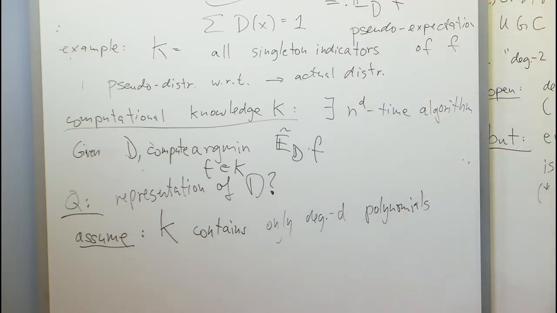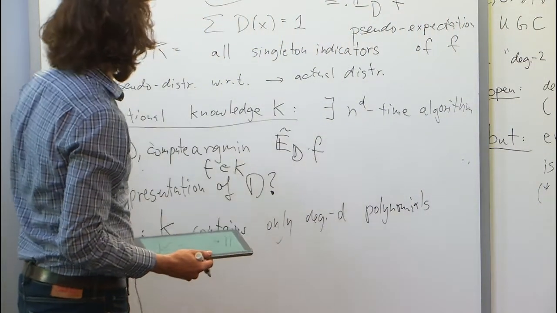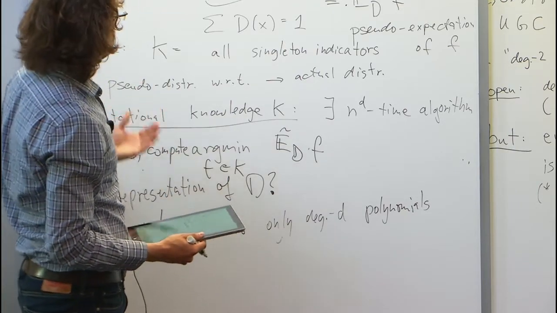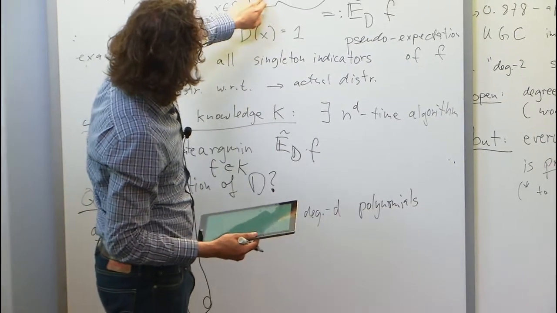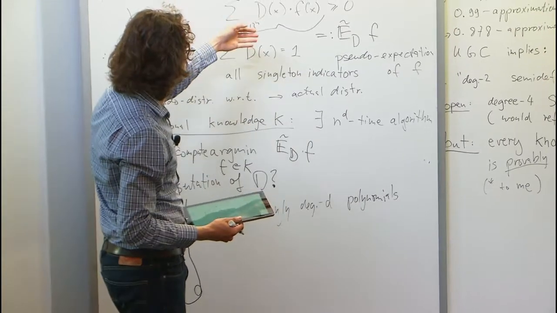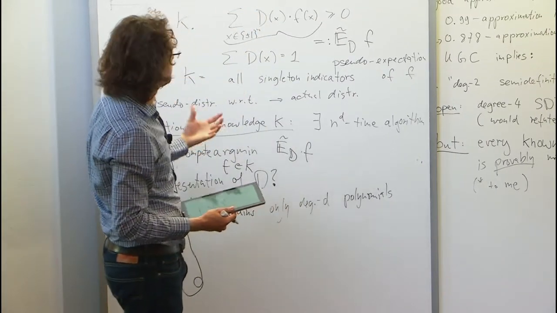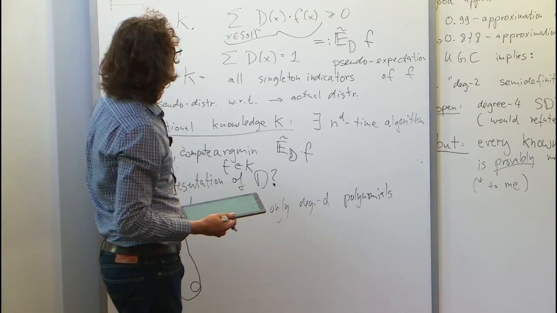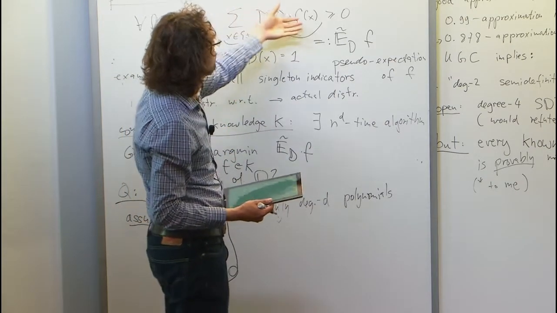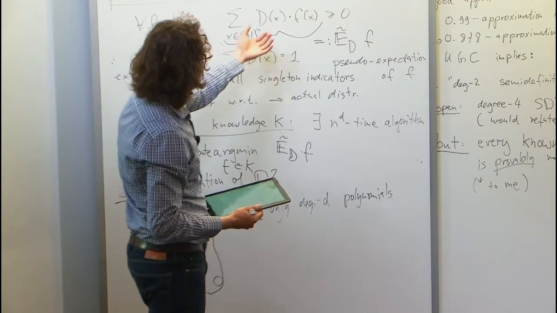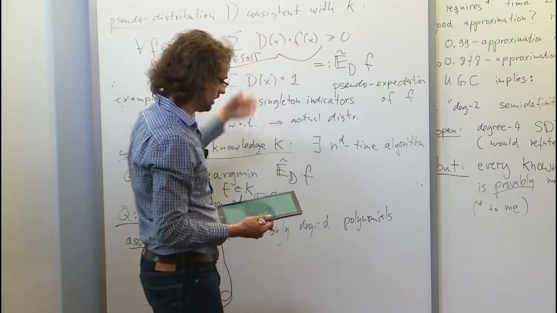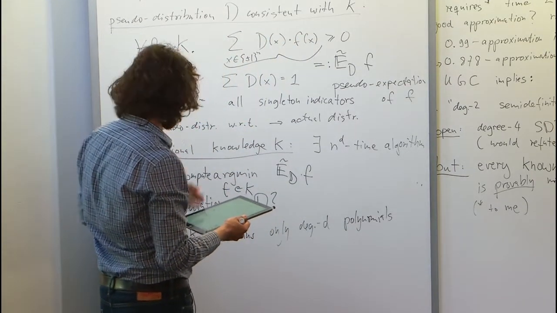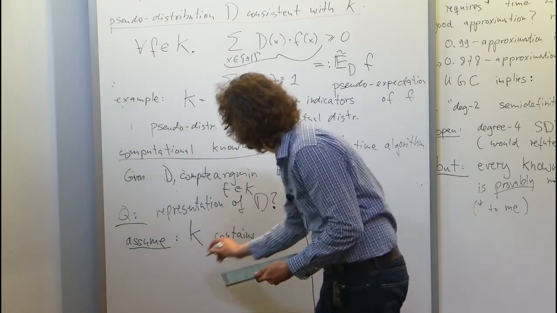Now the set of functions that we know to be non-negative are all degree d polynomials. So in this expression, for every function capital D, you can write it as a low degree part plus a high degree part. The high degree part will not contribute in this expression because f is a low degree polynomial. So we can represent d by its low degree part.